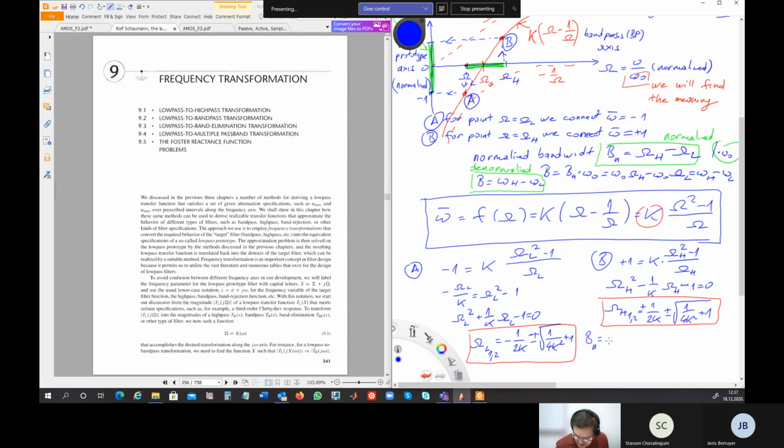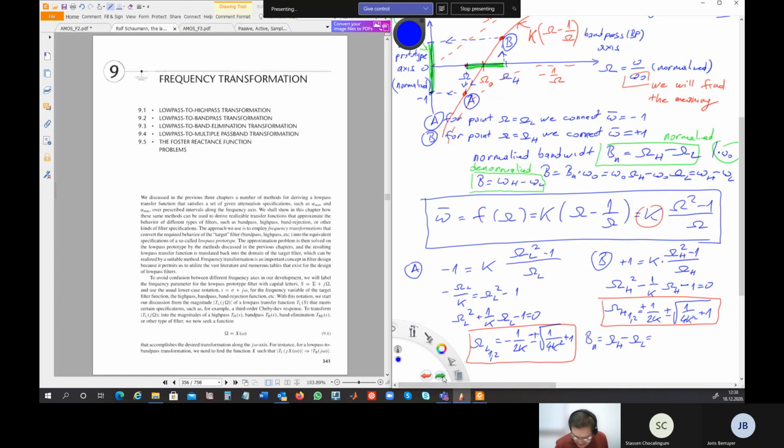Bn is omega h minus omega L, and this is very simple. If you introduce these two here, then what will be subtracted is this.